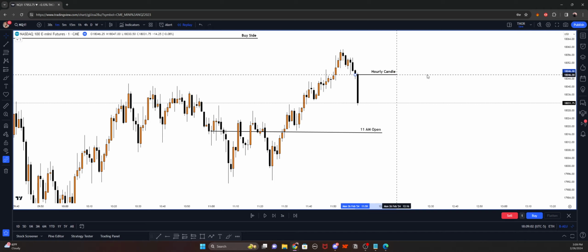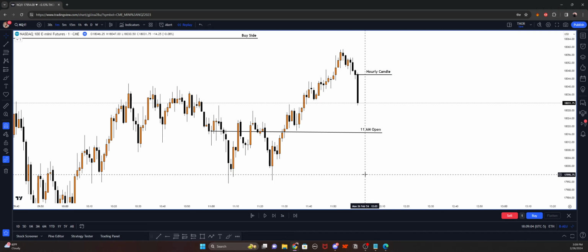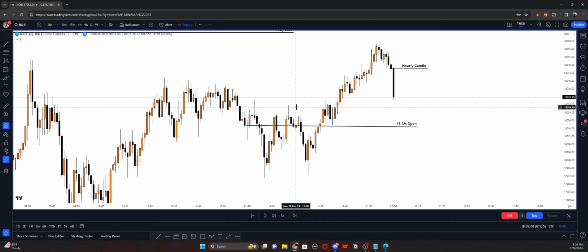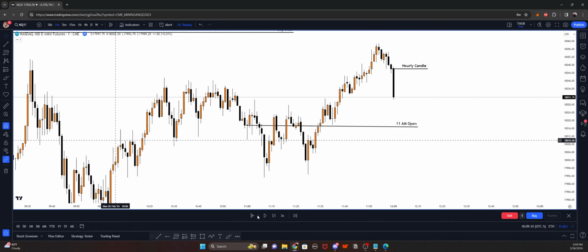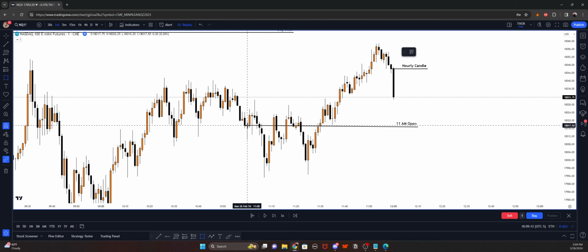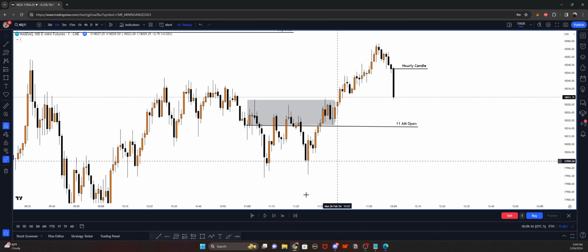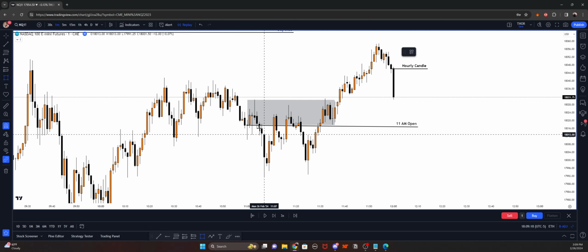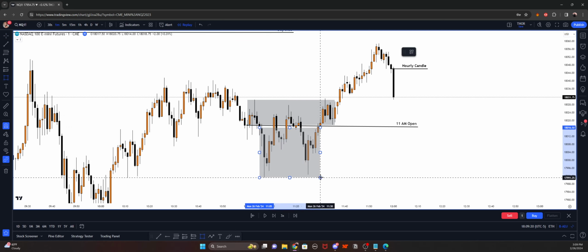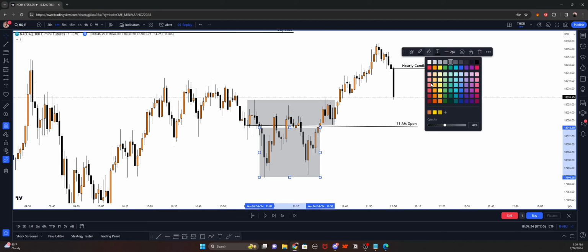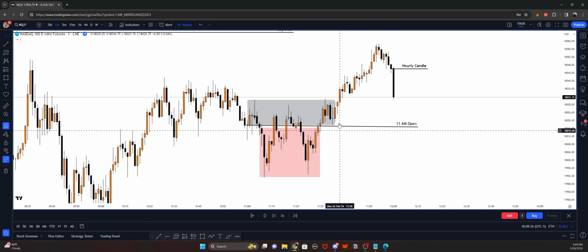Now think about it in terms of power of 3. You're anticipating power of 3 in an individual candle, which is the hourly candle here. What you have is an accumulation here, and anytime price moves below its open price, this area is the manipulation.